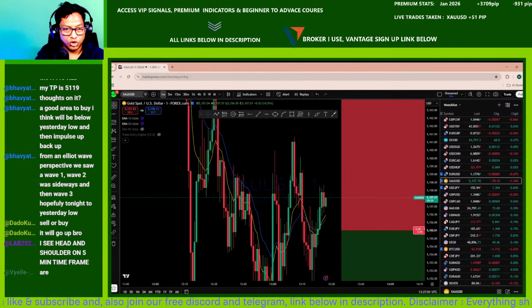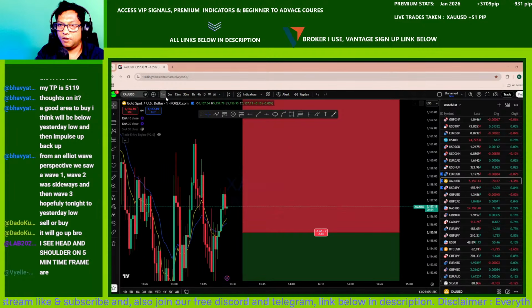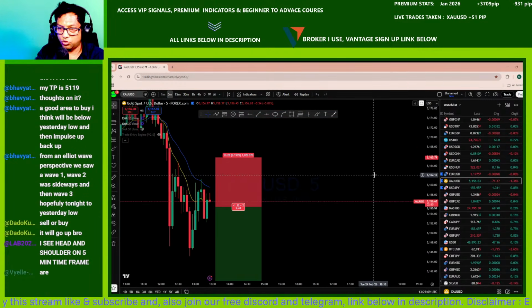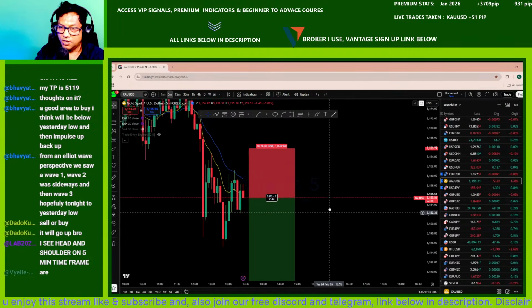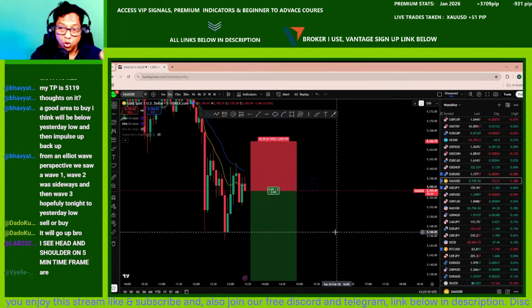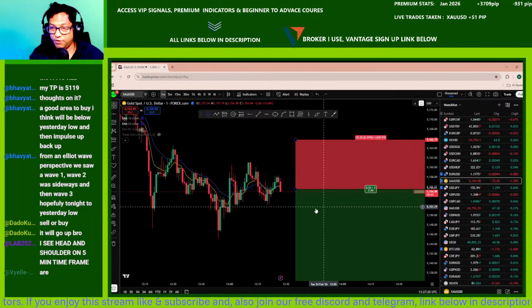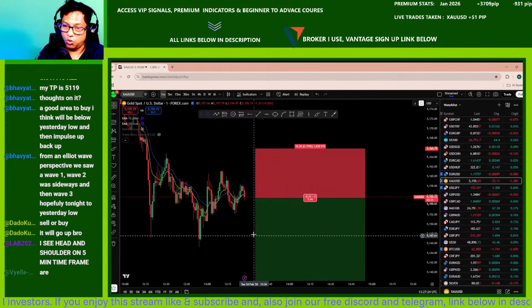I see head and shoulder, 5 minutes time frame. You mean the inverted head and shoulder? That means head, left shoulder, right? So you can see we don't need to hold the full position if the market goes in our favor, because here what we are looking at is a decent move, right?